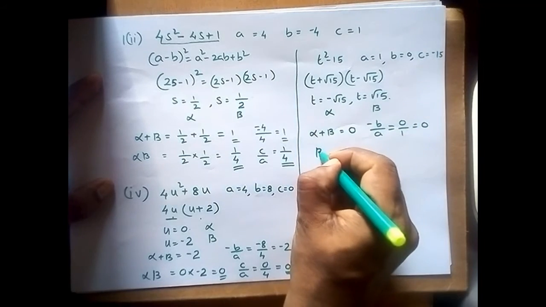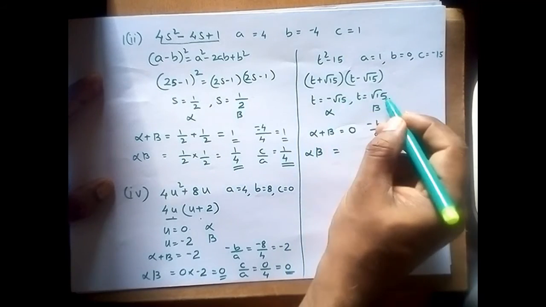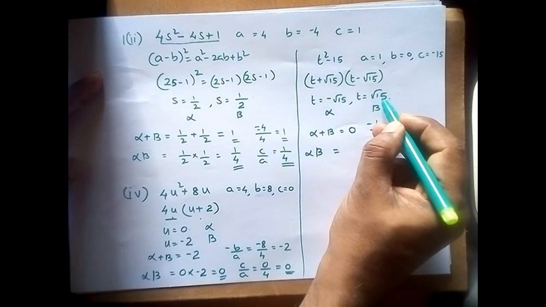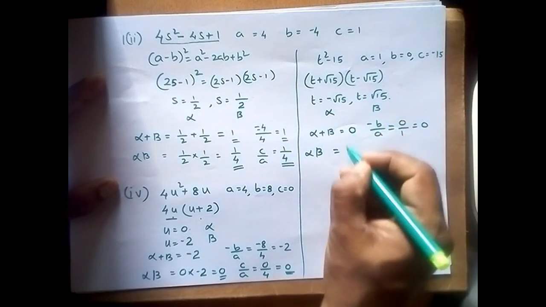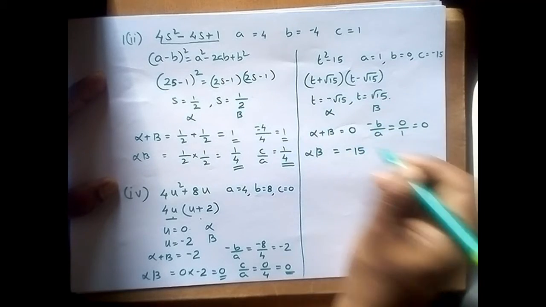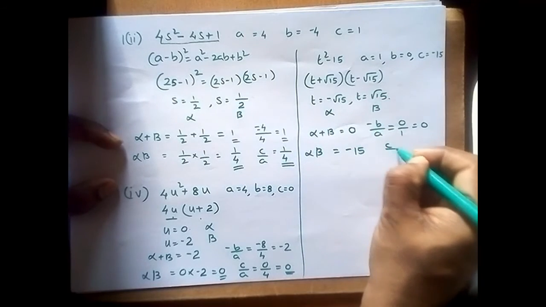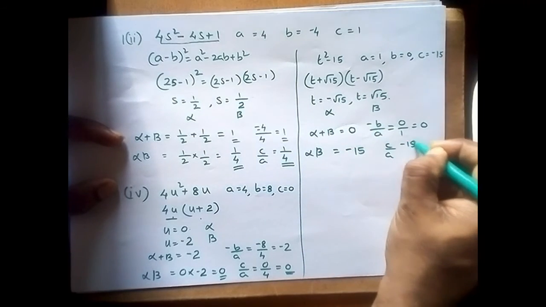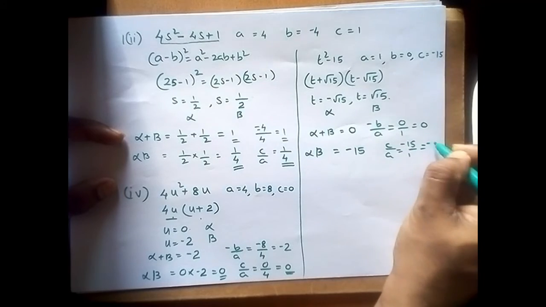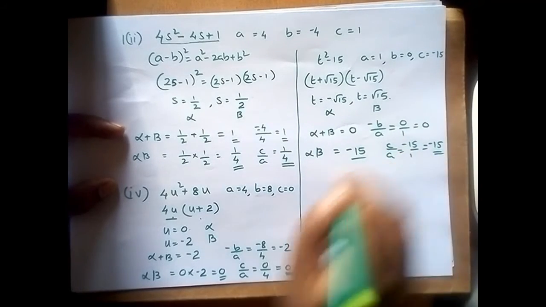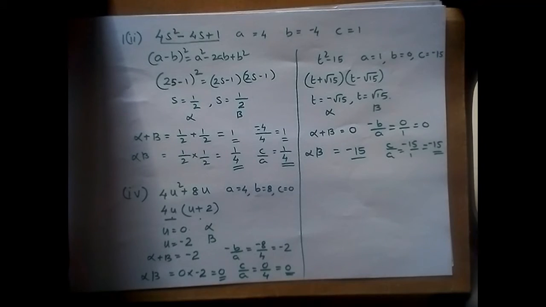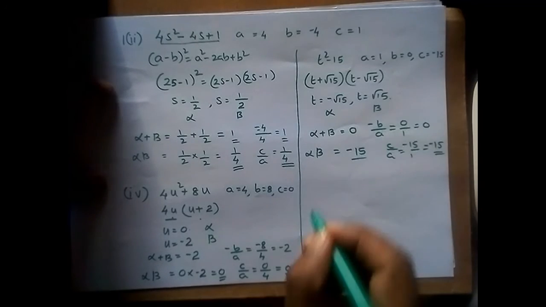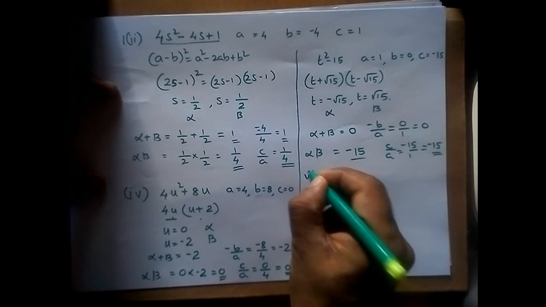Alpha beta, the product, is root 15 into root 15 is 15, minus into plus is minus, so it is minus 15. What is c by a? C by a is equal to minus 15 divided by 1, equal to minus 15. Hence the result.